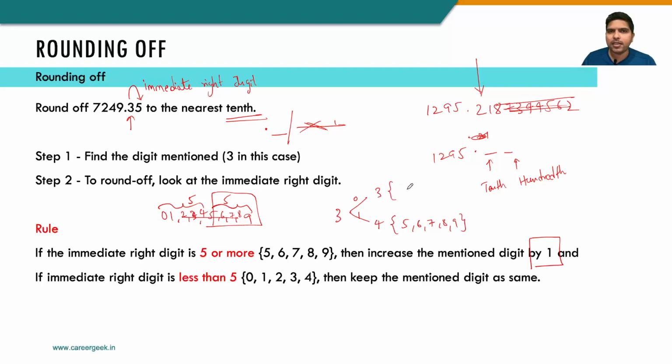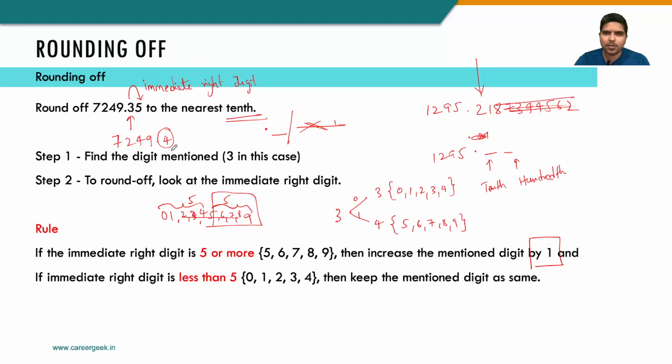If the immediate right is in the first 5 digits, which is 0, 1, 2, 3, 4, you keep it the same. So if you have to round off this to the nearest 10th, because the immediate right of 3 is 5, the answer will become 7249.43. You'll have to increase by 1.